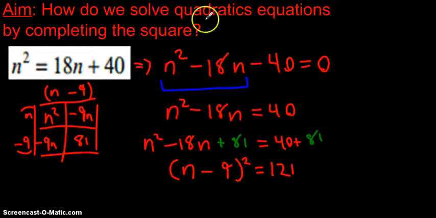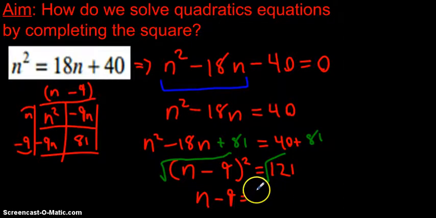Alright, now, to solve the equation, we take the square root of both sides to get rid of that square, and we get n minus 9 is either equal to the positive or negative square root of 121. So these are the two possibilities.